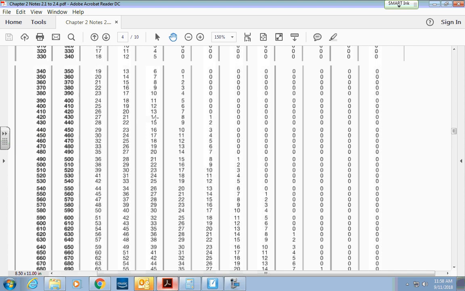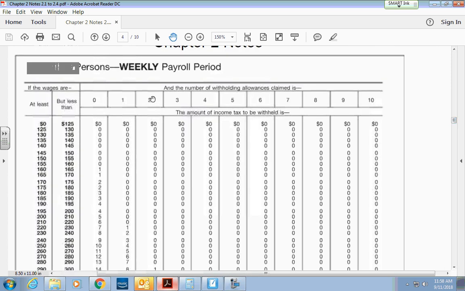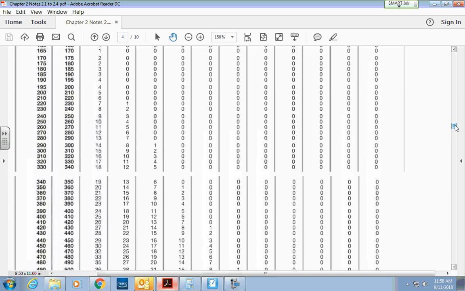That's 3 columns over, and that's the amount of withholding she's doing. So we have column 2, down to 420. And that's how much comes out of her weekly paycheck.